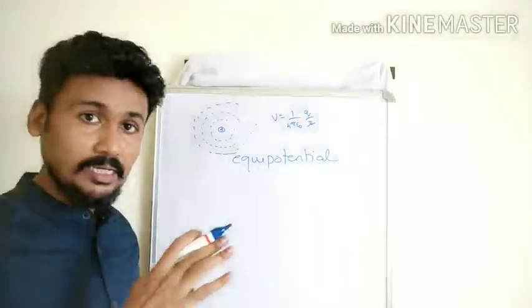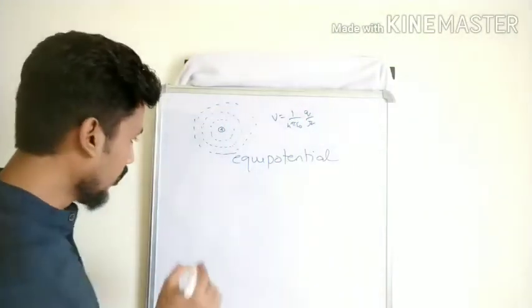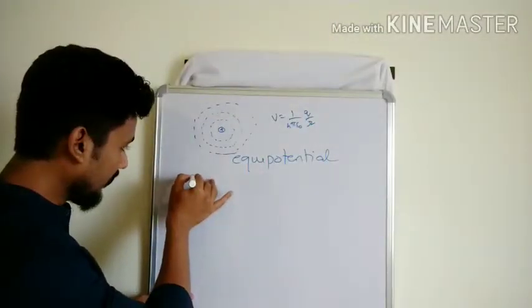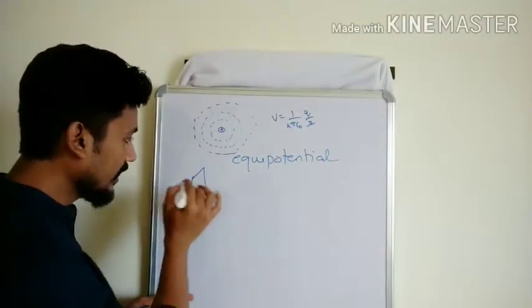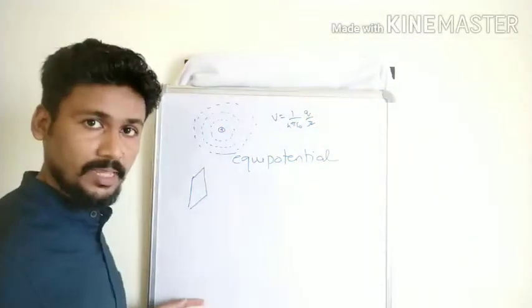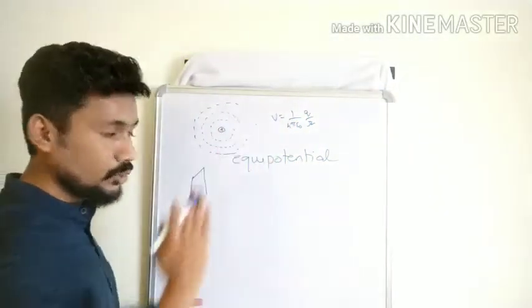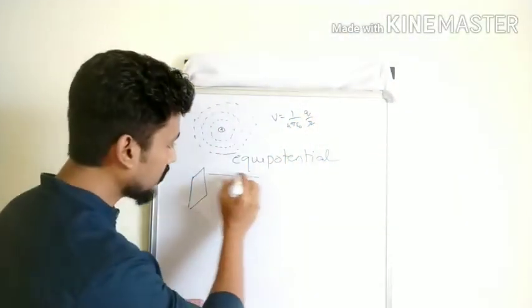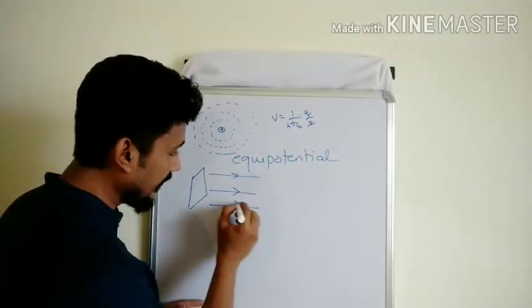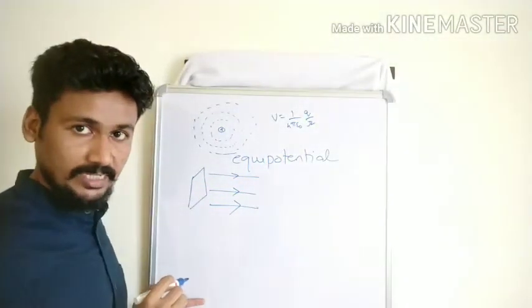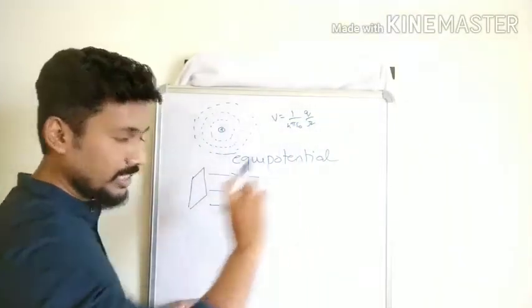If we are having a uniform charge distribution on a surface, let us say we have a surface like this, there is uniform charge distribution and this is going to create a uniform field. These lines denote the electric field lines, correct? You can see the field is going in this manner.